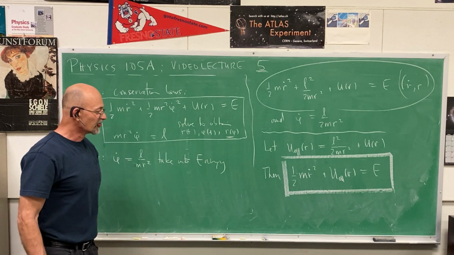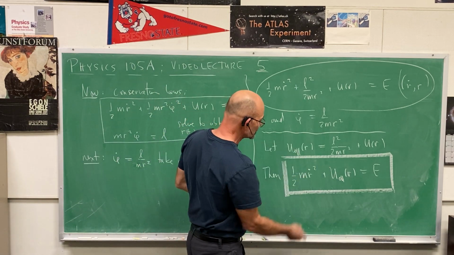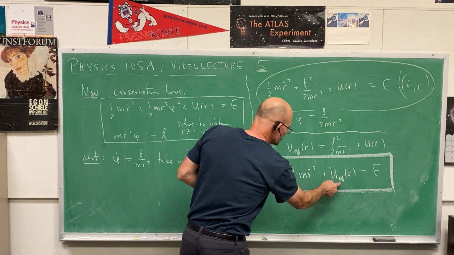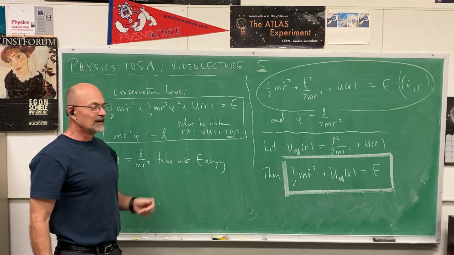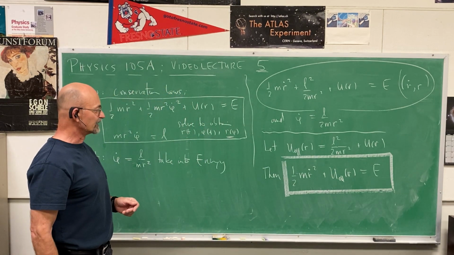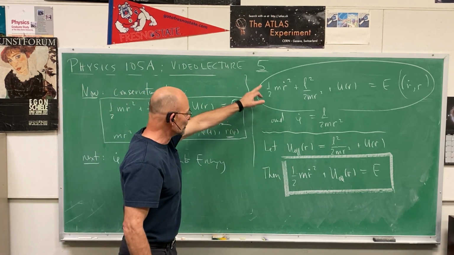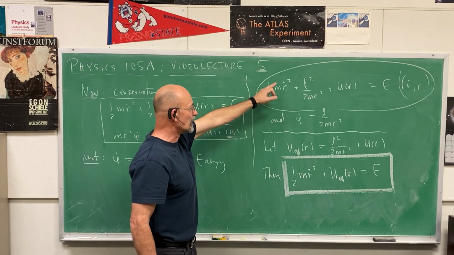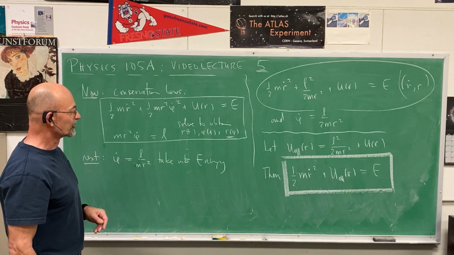We can separate variables here. We can do a quadrature. We can analyze the potential energy just the way we used to analyze potential energies in the one-dimensional case. Even though this is just part of an actual two-dimensional problem that lives in the plane.